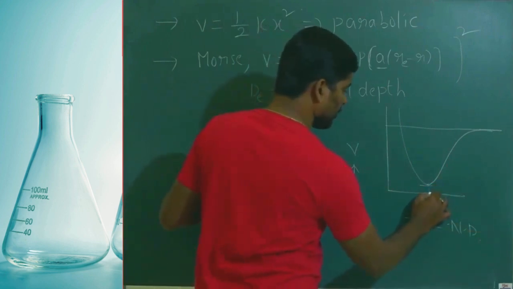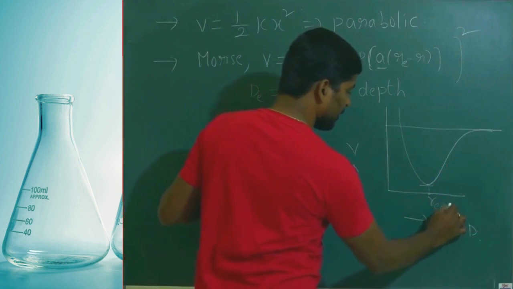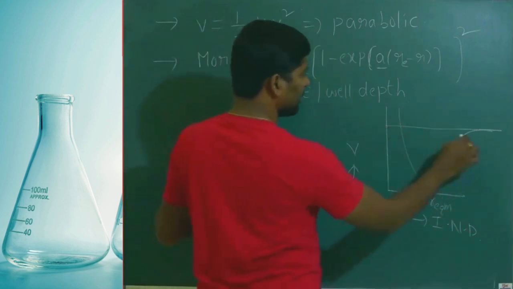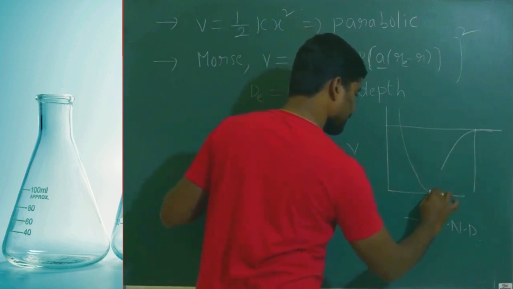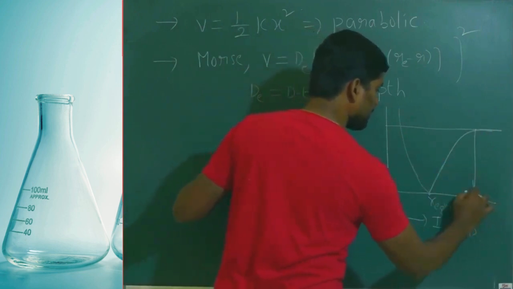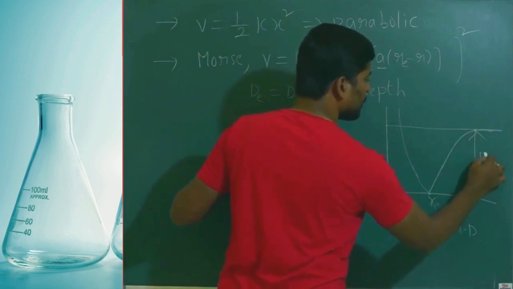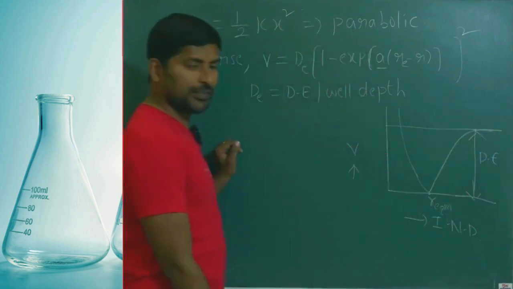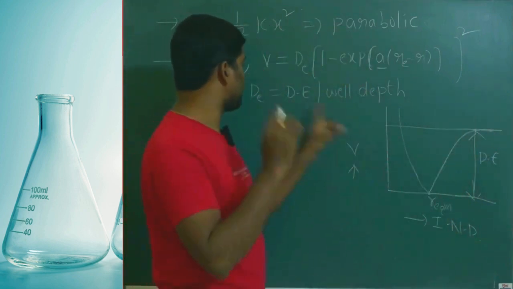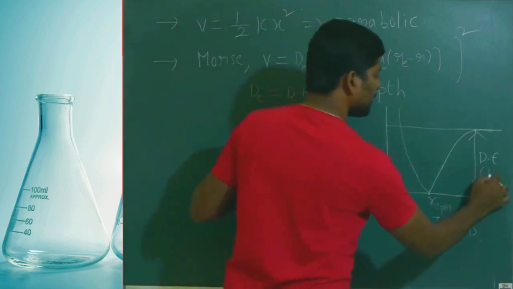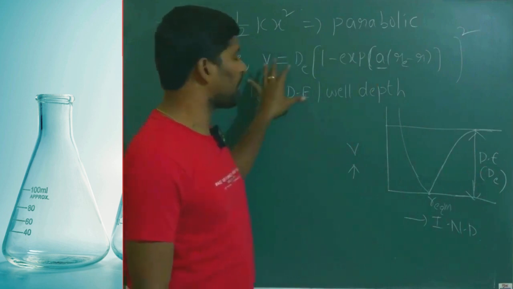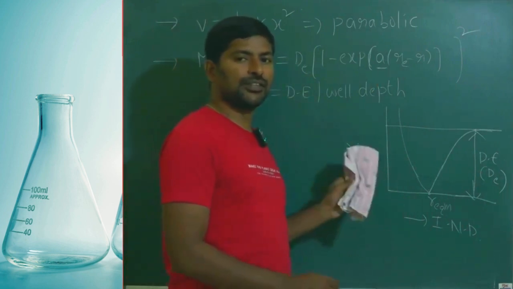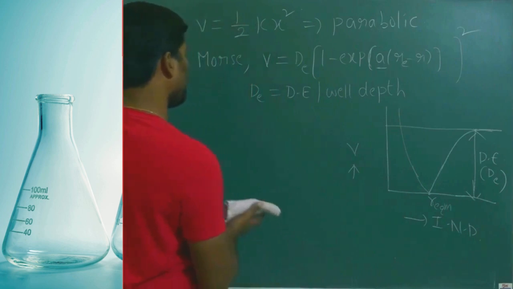This is the equilibrium distance. This is the well depth. This well depth is said to be the dissociation energy, D_e. So this is the expression proposed by Morse for potential energy by taking into consideration anharmonic motion.